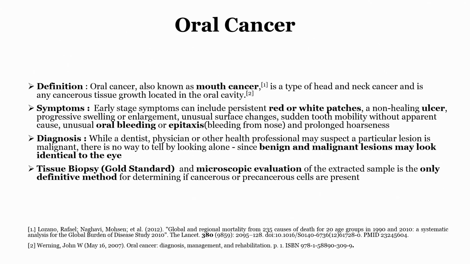The early stage symptoms of oral cancer can include persistent red or white patches, or a non healing ulcer, progressive swelling or enlargement, unusual surface changes, sudden tooth mobility without apparent cause, unusual oral bleeding, or bleeding from the nose, and prolonged hoarseness.